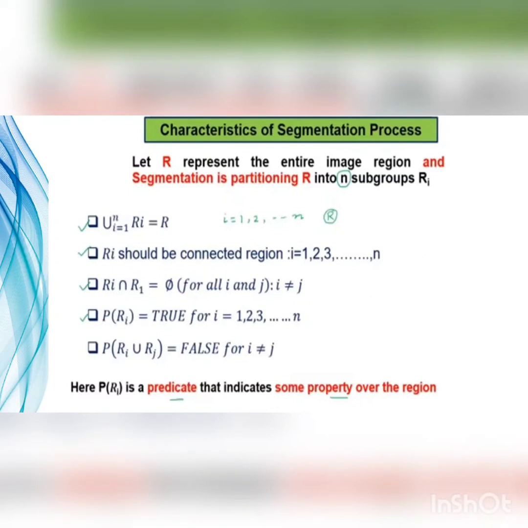That is one characteristic. Then the second one is that Ri should be a connected region. That is, the sub-regions should be connected. Next, Ri intersection Rj is equal to the empty set. That is, when we try to intersect the different regions, you will not find similarities between them, because we are partitioning the image into different groups based on some similarity or some changes.